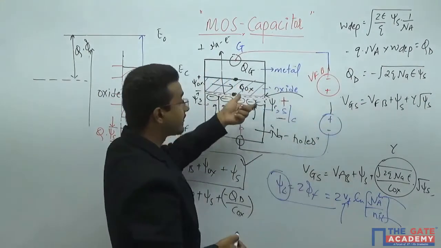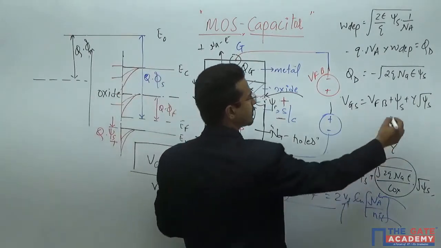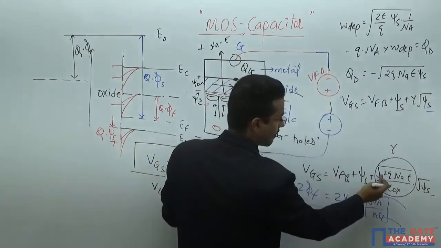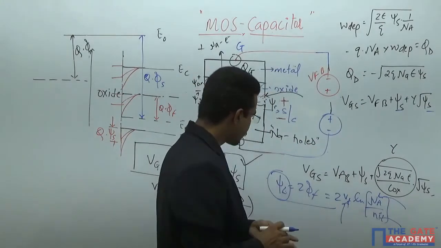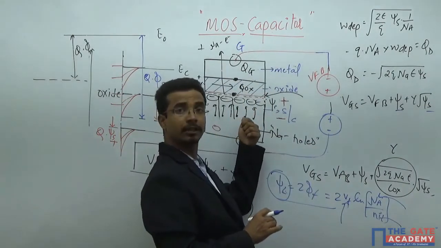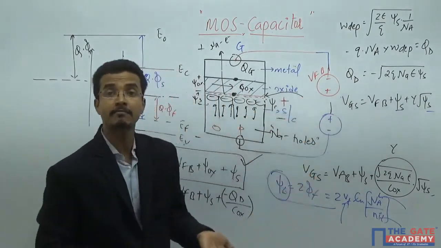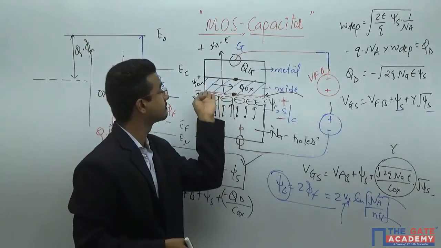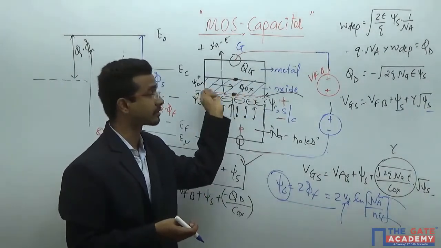VFB is known, and in gamma also all the values are constants. That means if you can calculate the work function of the bulk material, you can estimate the voltage required to generate a sufficient amount of charge carriers across this.